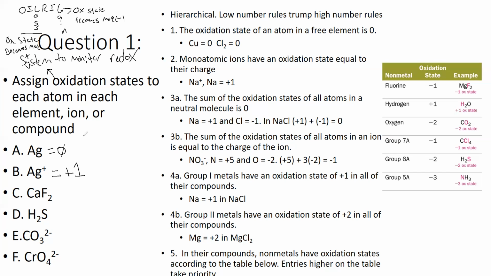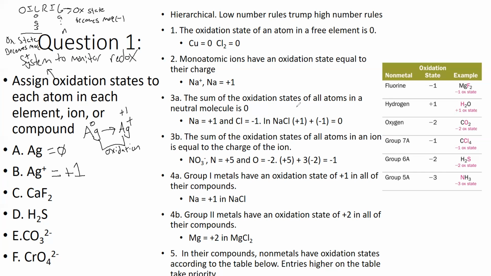And if I had a reaction that went from Ag to Ag plus, if I go from 0 to +1, since that became more positive, this is an oxidation event. I went from 0 to +1, that's oxidation.